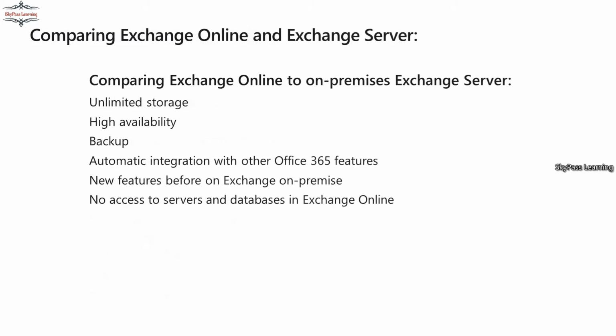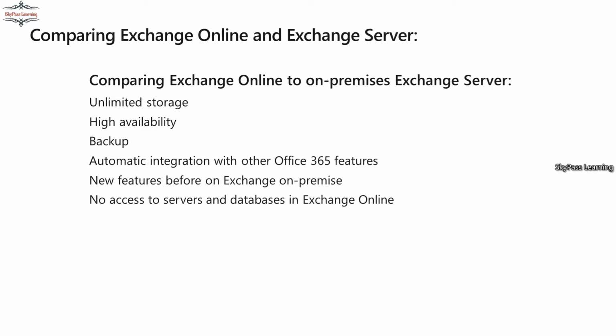So this is the comparison view, where you will see we get unlimited storage in Exchange Online that is not available on-premises. If we talk about high availability, Exchange Online provides 99.99% availability from Microsoft. So you will get good high availability in the cloud.